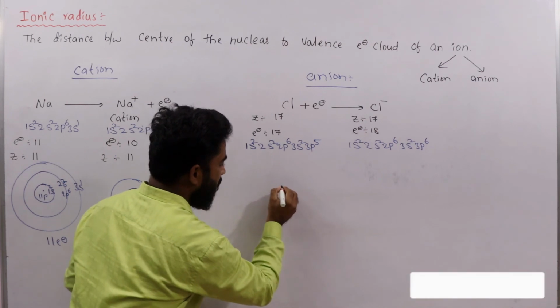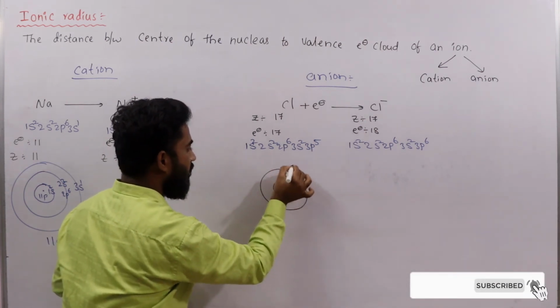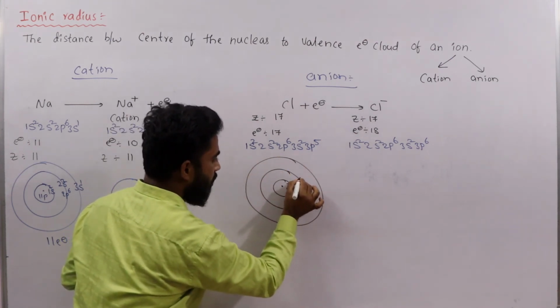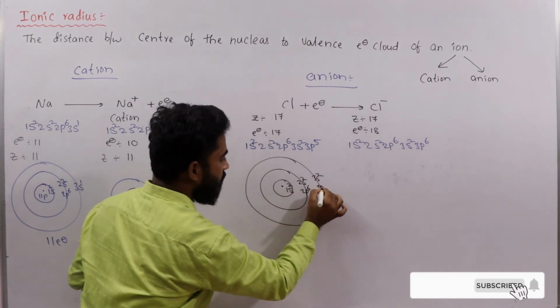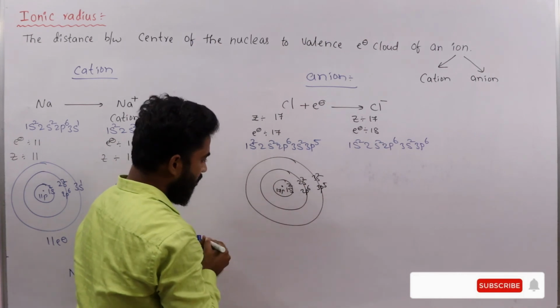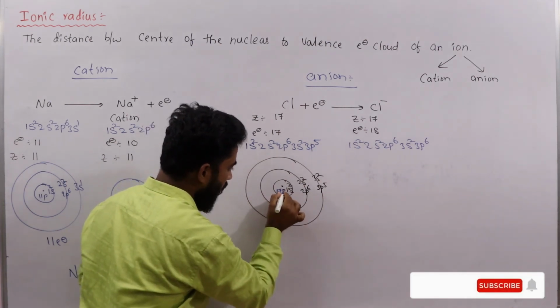So when you observe the atom and anion, how many shells are there? Totally 3 shells are present. Here 1s2, 2s2, 2p6, 3s2, 3p5, with 17 protons and 17 electrons.